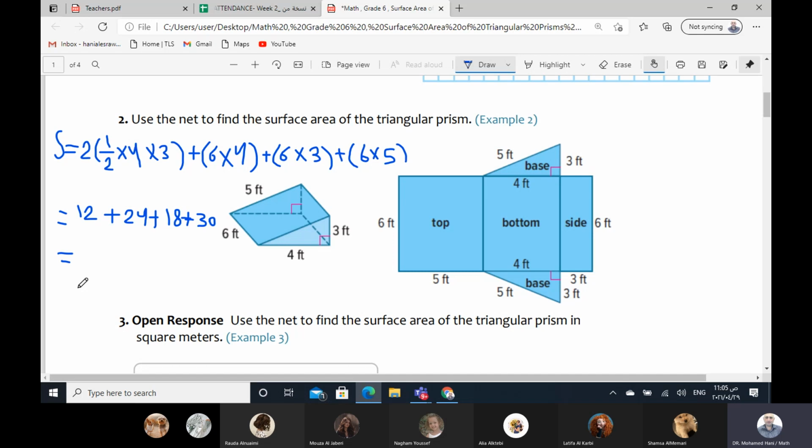Now we can add. We have 12 plus 24 plus 18 plus 30. The answer will be 84 ft squared, or feet squared.